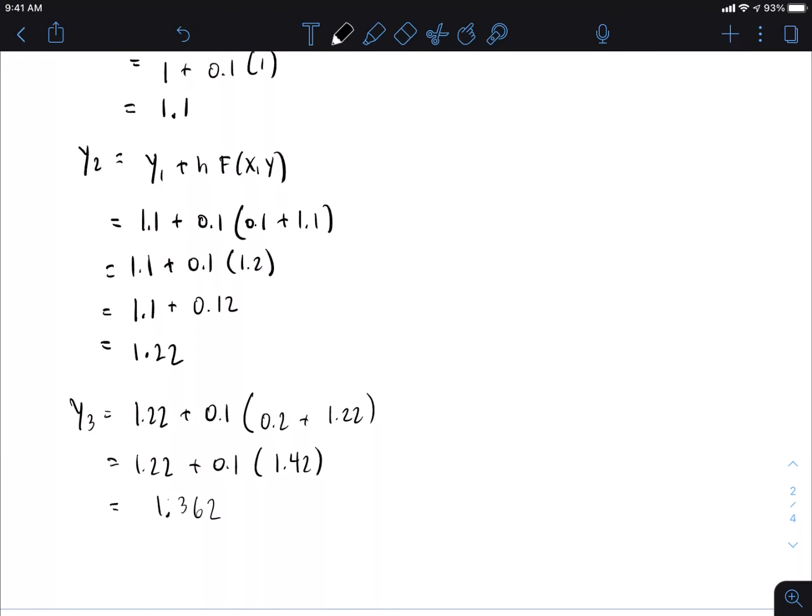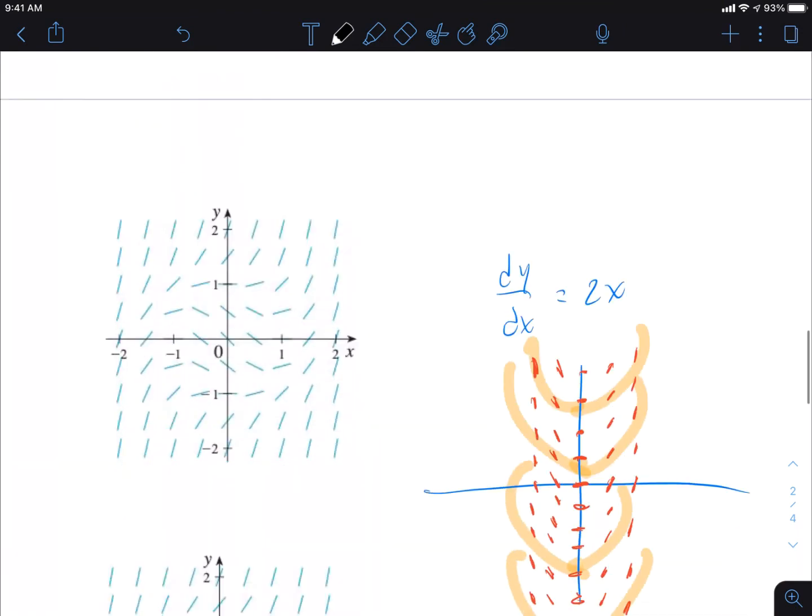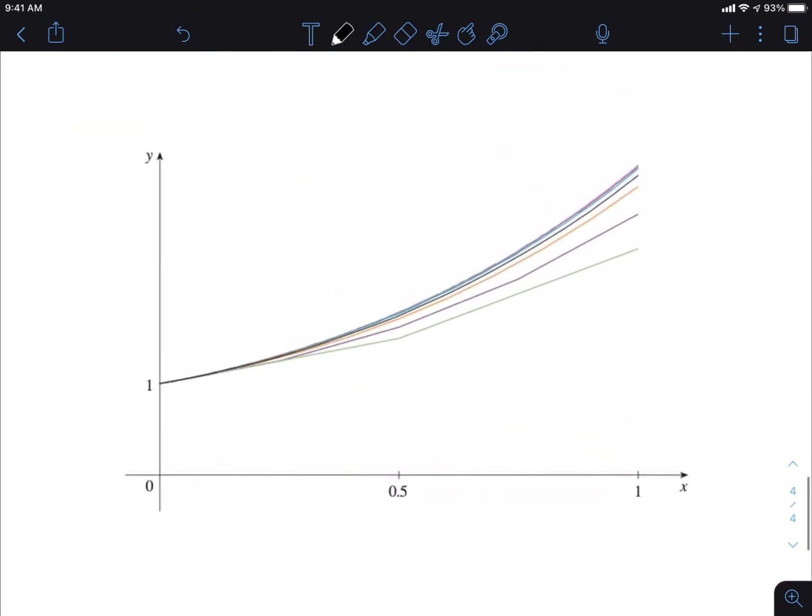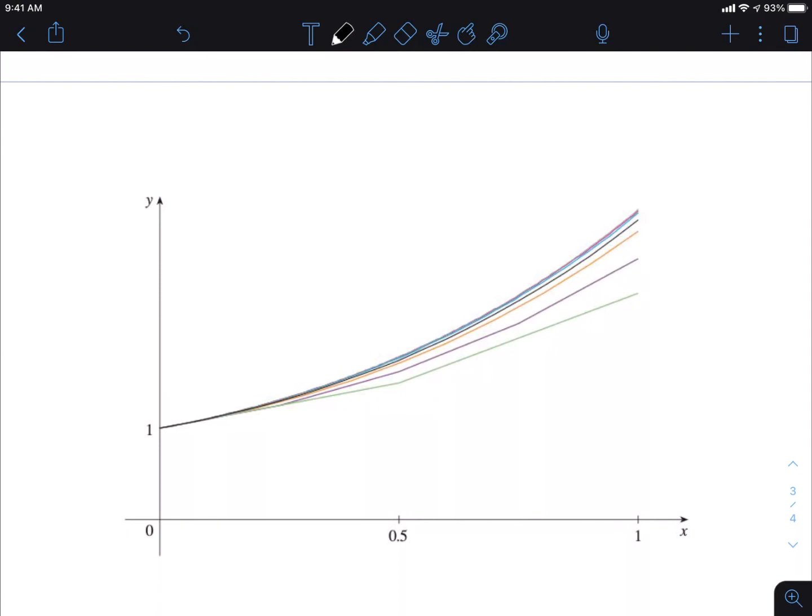So, let me show you a picture of this problem so you guys can get the idea of what I'm trying to talk about. Ready? This here is the picture of the function of that example. Each one of these is representing a different step size. So the one that we did is this, h is equal to 0.1.